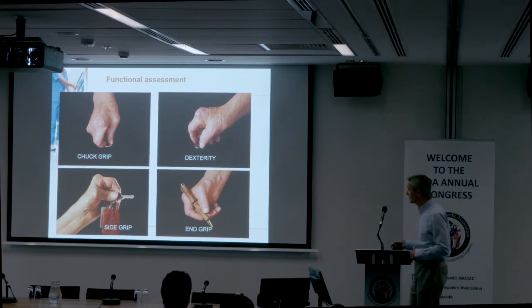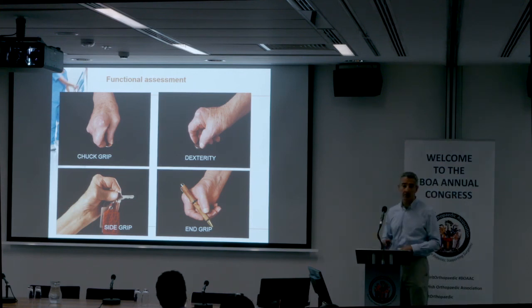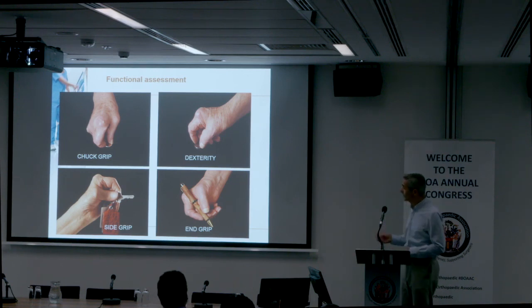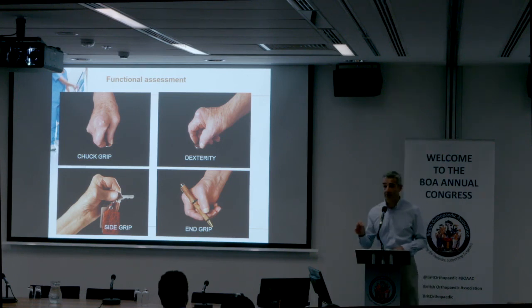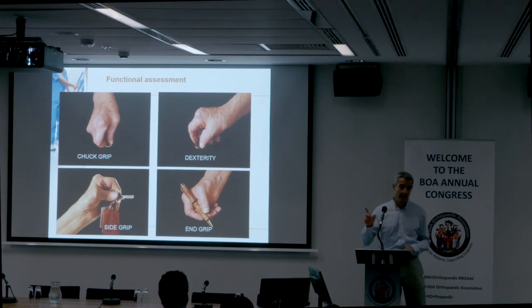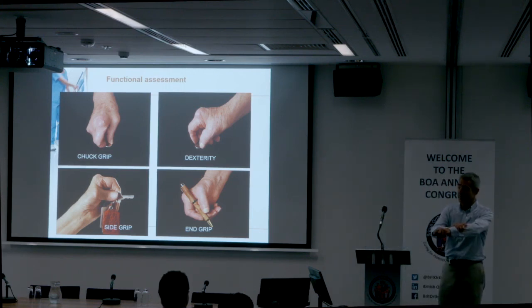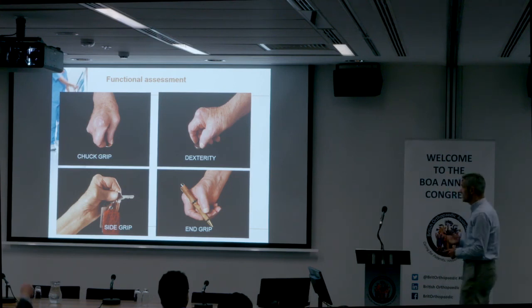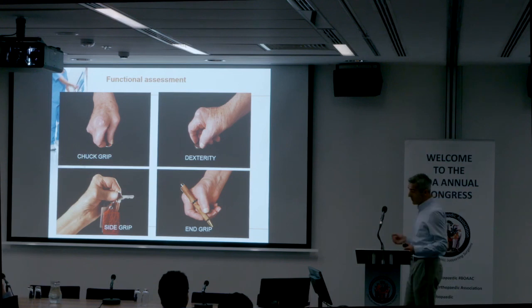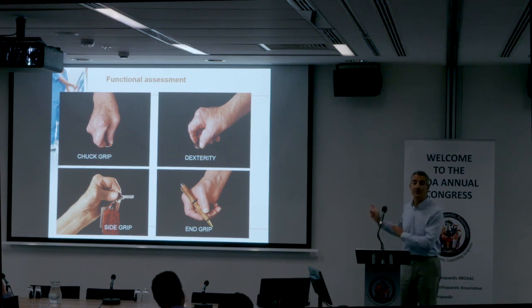A key to assess side grip or key grip, and a pen for end grip or pencil. There's one other thing that you can do, is you can ask the patient to grasp your forearm to assess grasping. Okay? So functional assessment may be one thing that you're asked to do even in a case which is so complex that you can't give a diagnosis, but you can still do this.